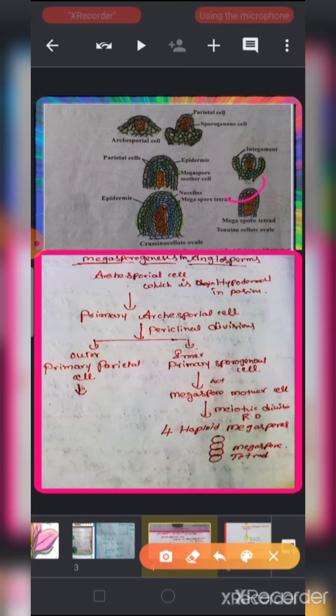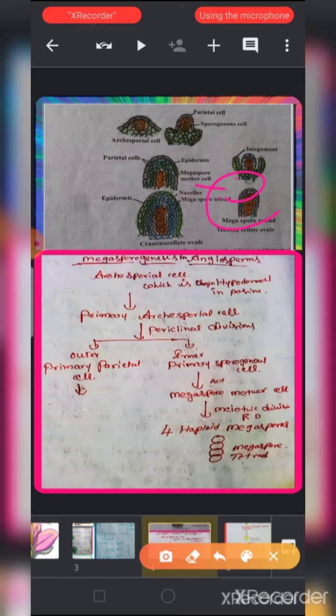In tenuinucellate ovules, tenuinucellate means ovules having little nucellus. The archisporial cells directly act as megaspore mother cells without any divisions.